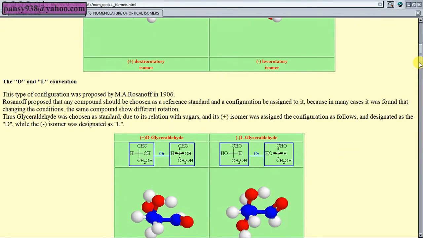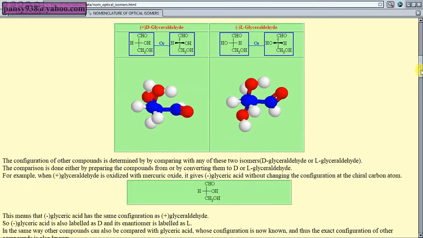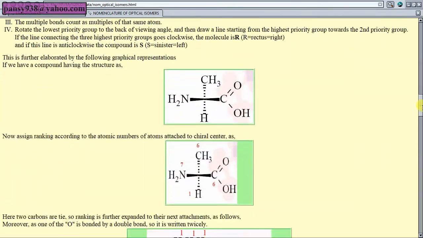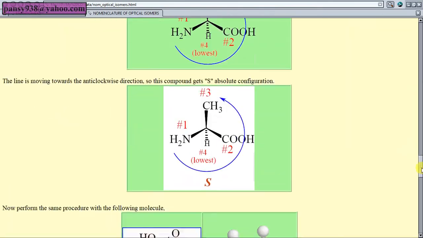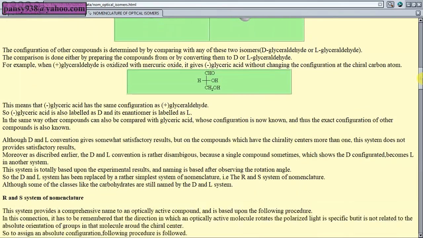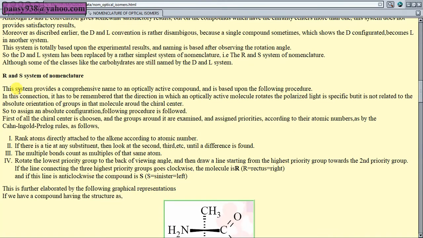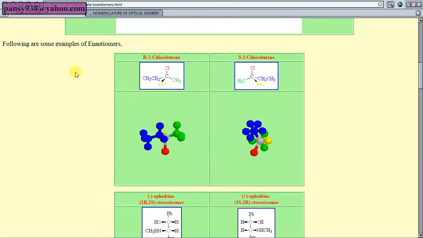Sometimes we use the capital D and capital L for the representation of their orientation, and sometimes we use the symbols R and S, like in this compound, R-2-chlorobutane and S-2-chlorobutane.